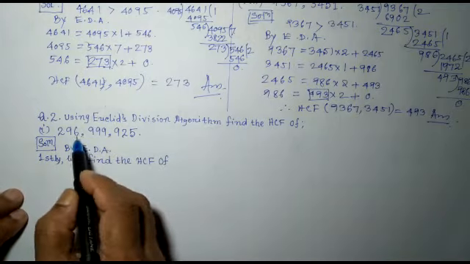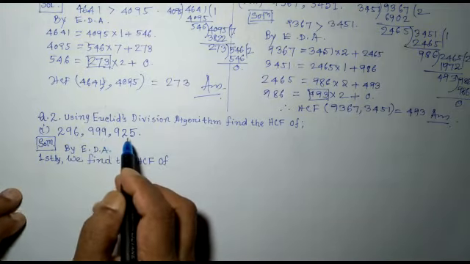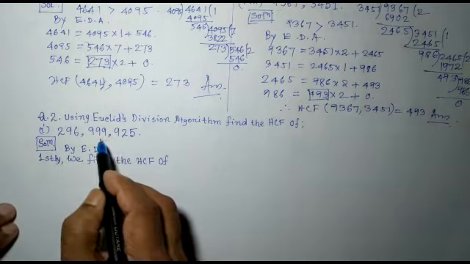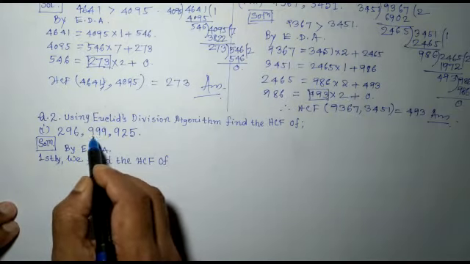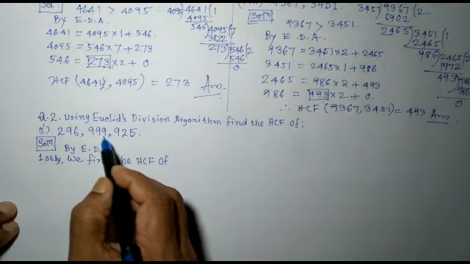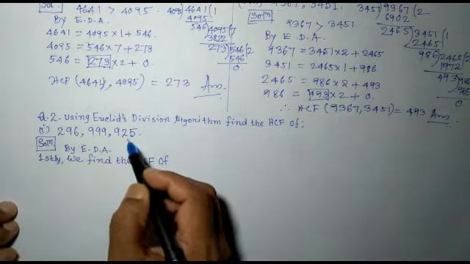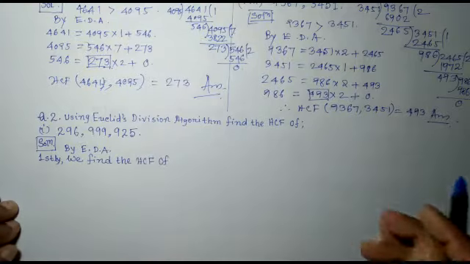Look here, among the 3 numbers, first you select which 2 numbers are bigger. As we see, 999 and 925, these 2 numbers are bigger.